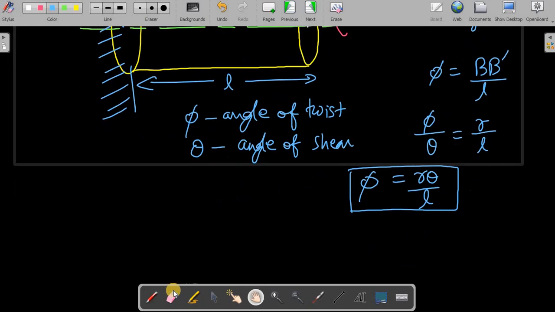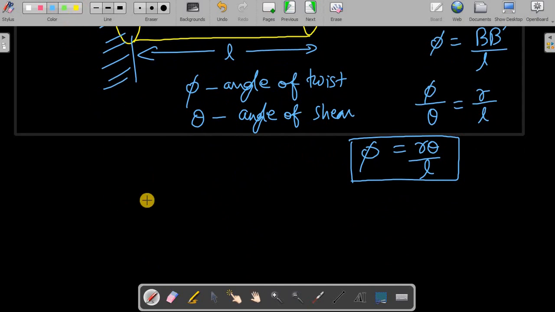And if they ask how much work is done in rotating, so work done is half into the torque into theta. This tau is nothing but the torque which is applied.